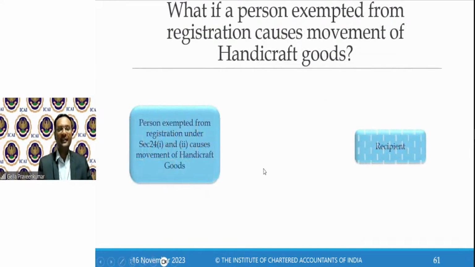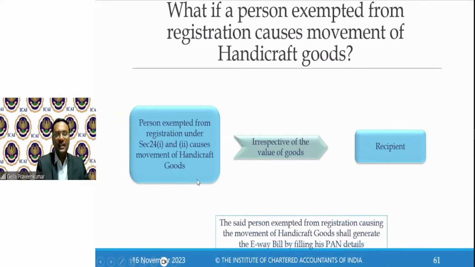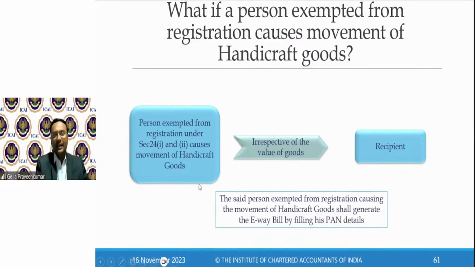handcraft goods, I gave example where irrespective of the value of the goods, in case of handcraft goods, the invoice, the e-way bill has to be prepared by the seller using the PAN number, which is available to him.